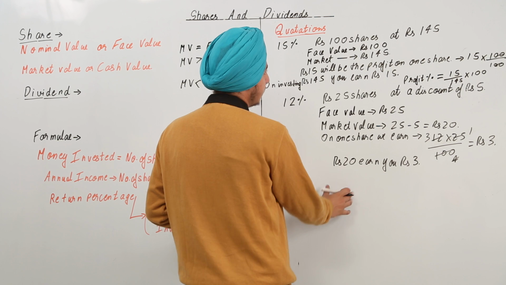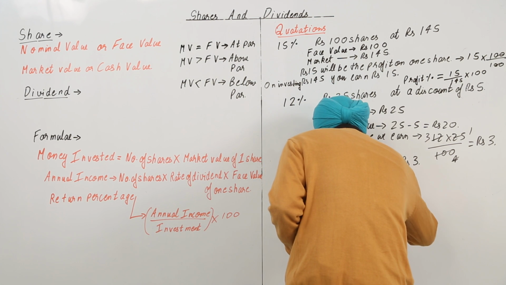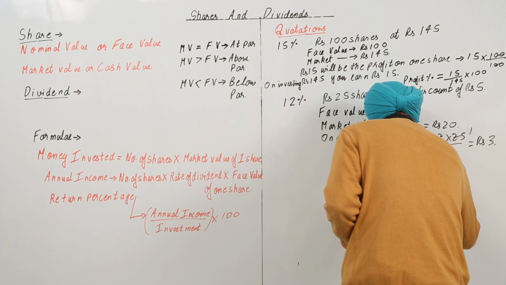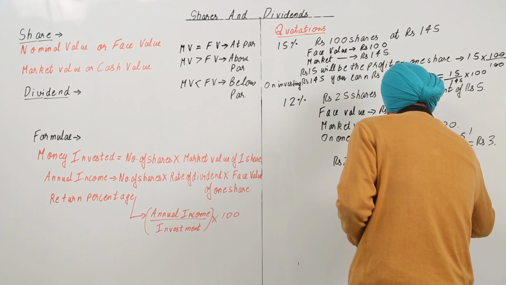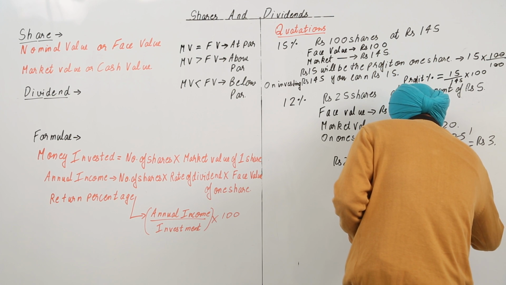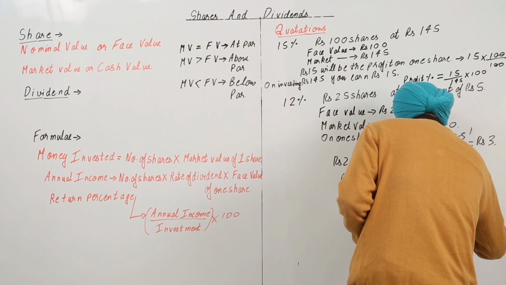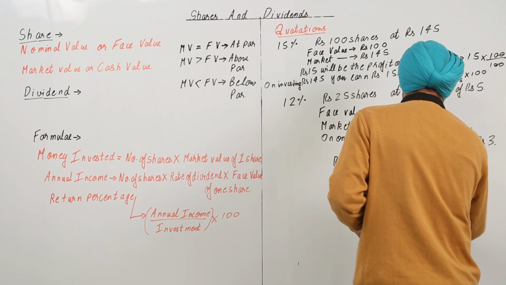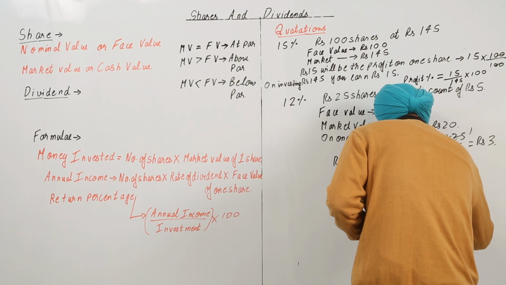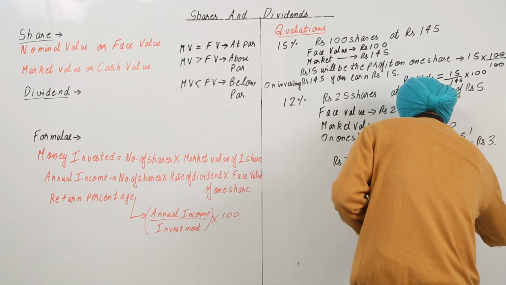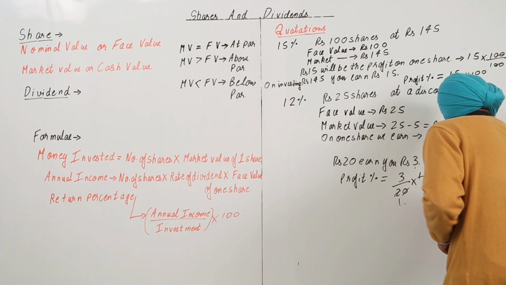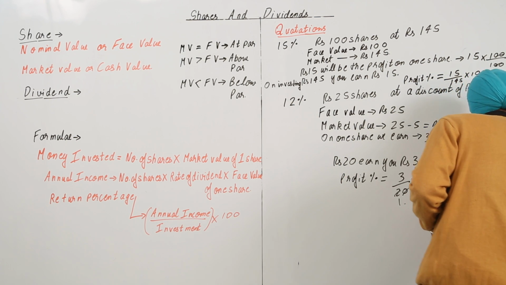What is the profit percentage? The profit percentage is equal to 3 upon 20 into 100, which is equal to 15%.